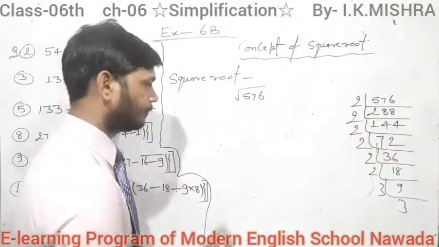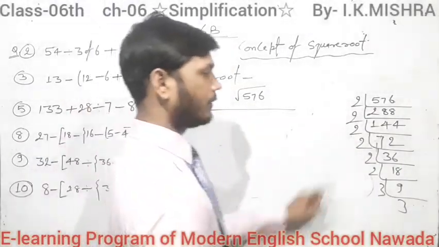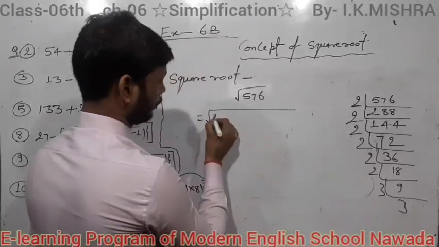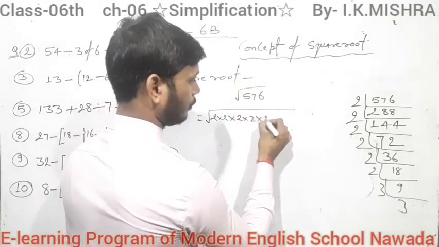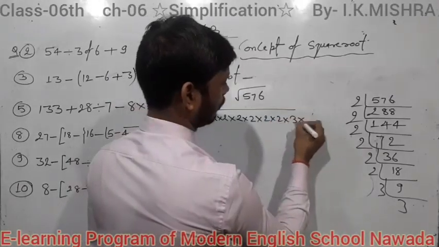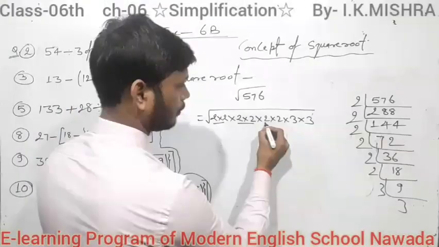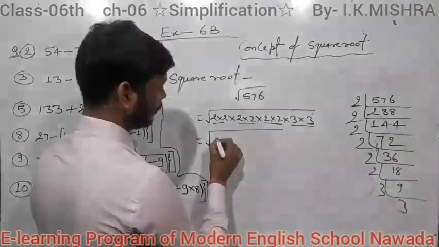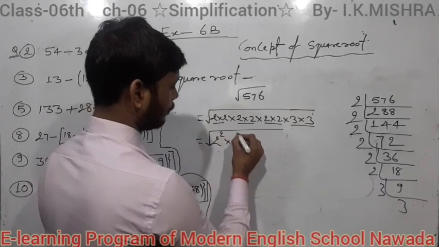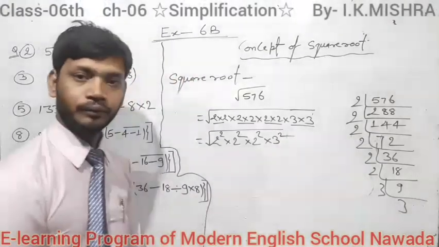Friends, observe here. Under root 576 it will be written 2 into 2 into 2 into 2 into 2 into 2 into 3 into 3. That means, observe the pairing of 2. So it will be written 2 square into 2 square into 2 square into 3 square.